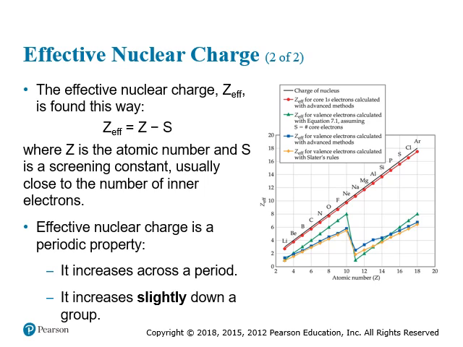In short, the concept of effective nuclear charge speaks to the amount of positive charge that an electron experiences, the attraction between the negatively charged electron and the nucleus, which could have more than one proton in it.